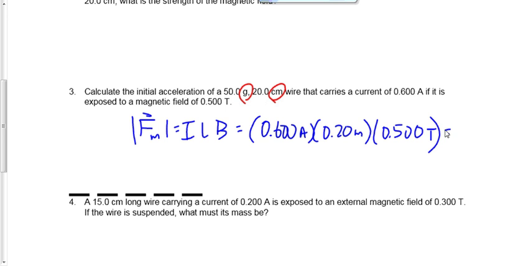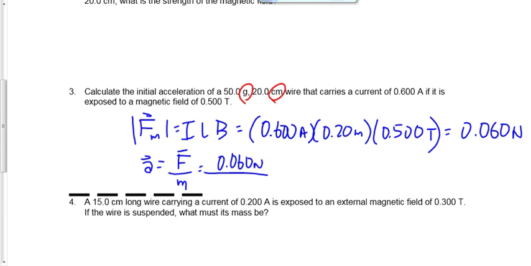I think that gives me 0.060 newtons. And then we're going to set that force equal to m times a. 0.060 newtons divided by 0.050 kilograms. And what do we end up with on that one? 1.2?